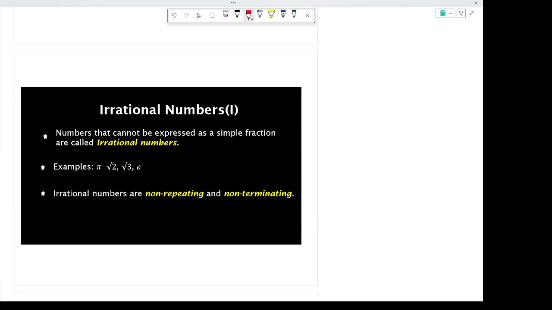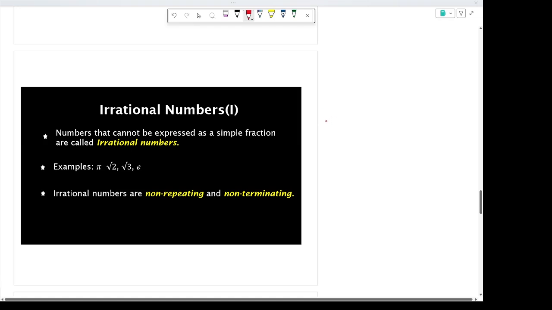Irrational numbers cannot be written as a fraction. Their decimal goes on forever and ever without repeating. And the examples we have of irrational numbers are pi, square root 3, and Euler's number.